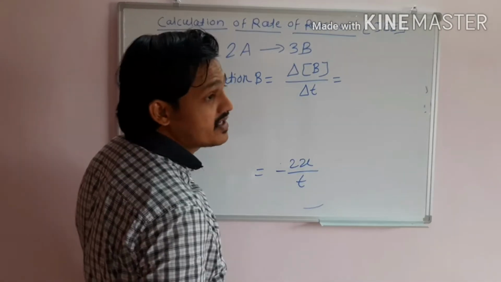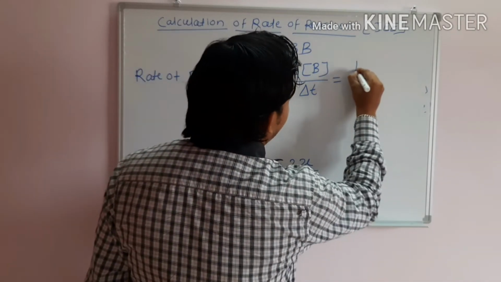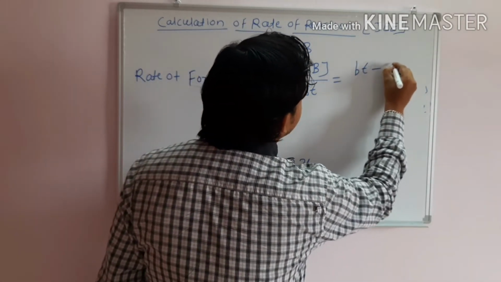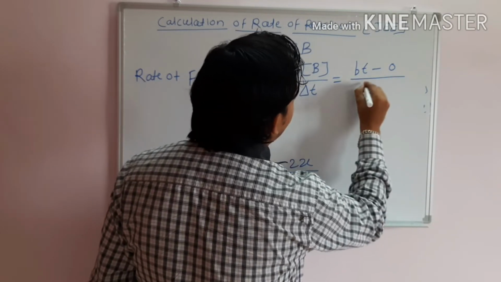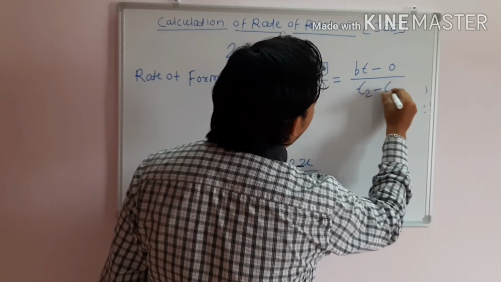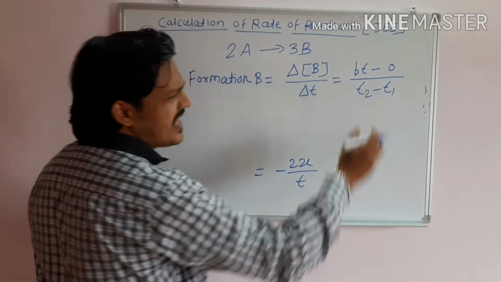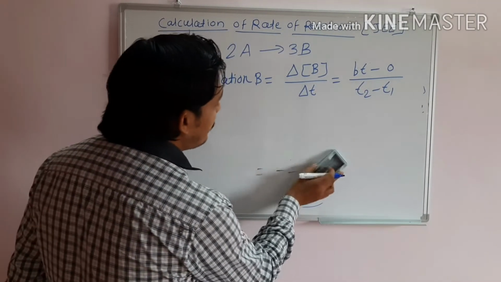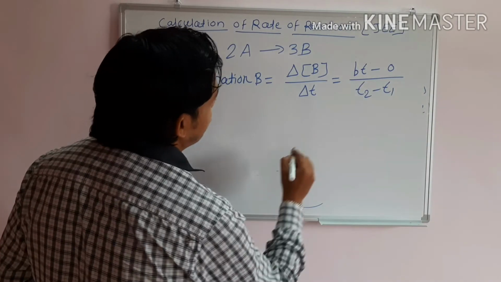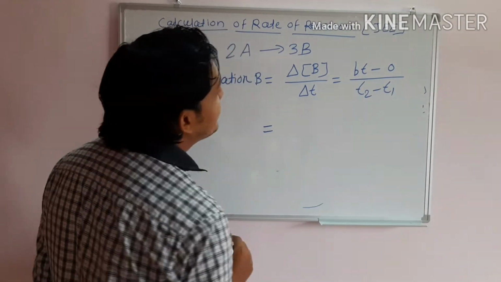What is the value of final concentration? Bt minus 0, divided by delta T, which is T2 minus T1. Then what is the value of Bt?